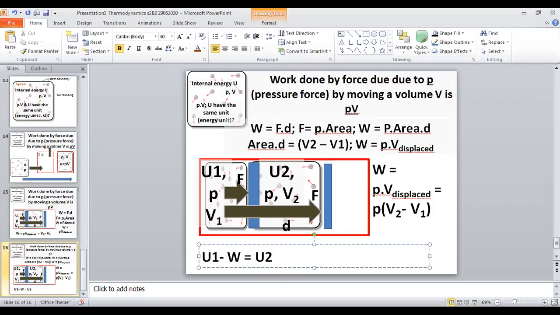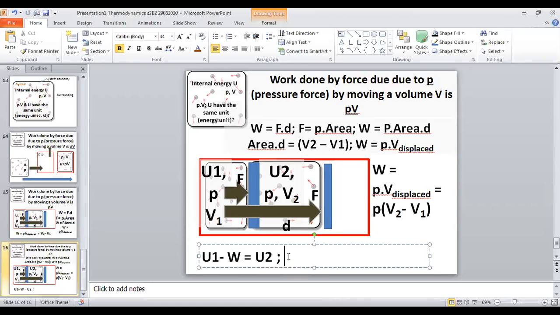Within the system, this is how it is. So in this case, I just mentioned to you, U1 minus W.